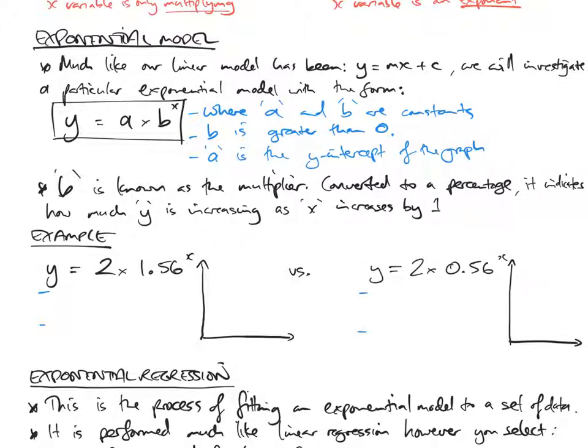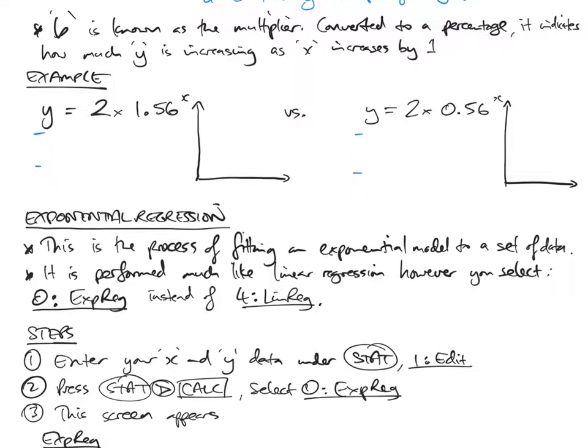B must be greater than 0, and a, conveniently for us, is the y-intercept of the graph. B is known as a multiplier. If you convert this number to a percentage, it indicates how much y is increasing as x increases by 1 as a percentage. It also may indicate a decrease, but as long as you interpret the percentage properly, you'll see what I mean. So let's have a look at some examples here.